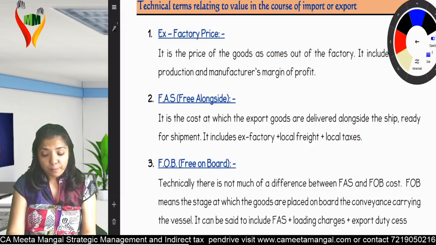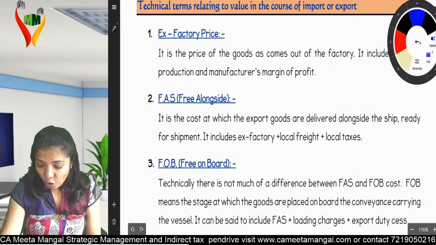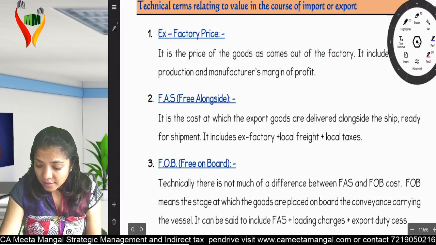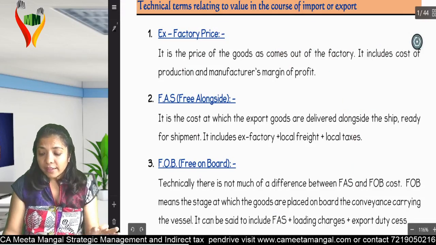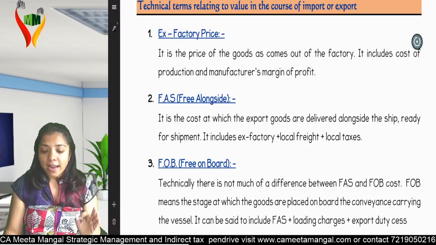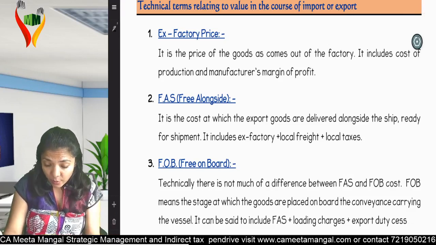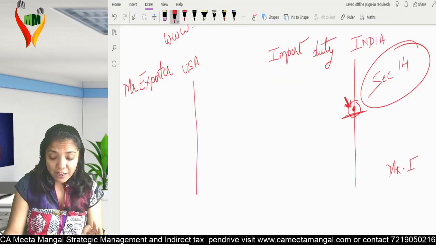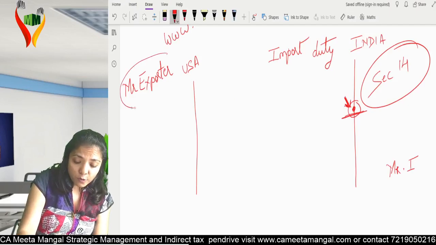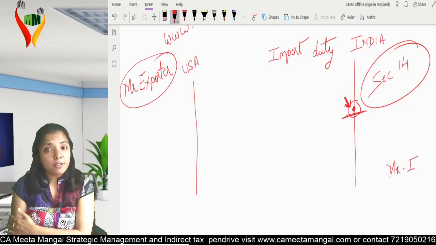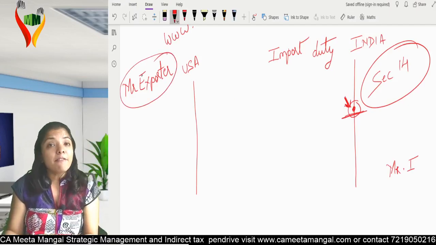Ex-factory price. It is the price of the goods as comes out of the factory. It includes cost of production and manufacturer's margin of profit. I hope you're with me. See what is happening over here. The person who is an exporter must have manufactured goods.